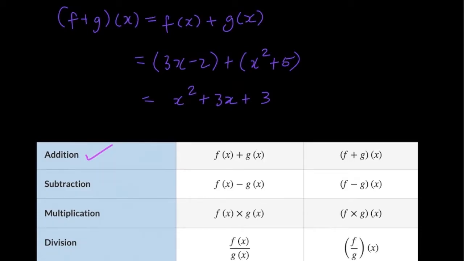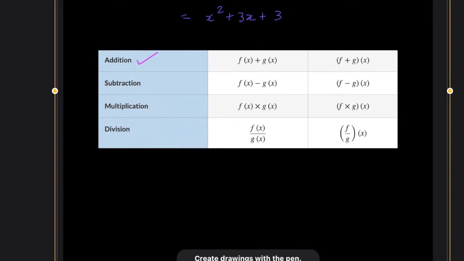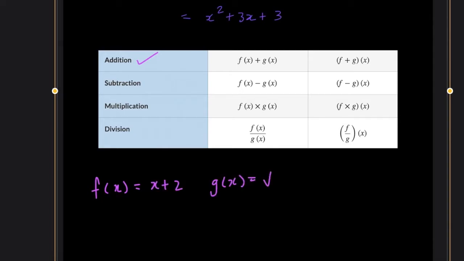Now let's move on to finding the domain when we have two functions. So let's say, as another example, we take f of x as x plus 2, and we'll take g of x as root x.